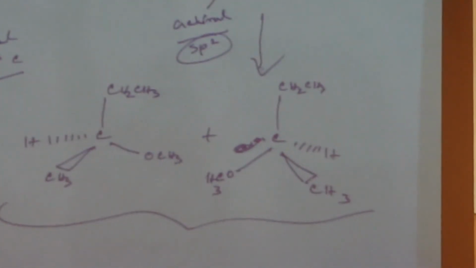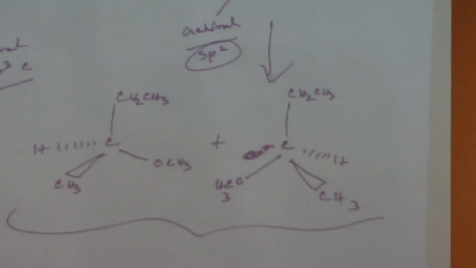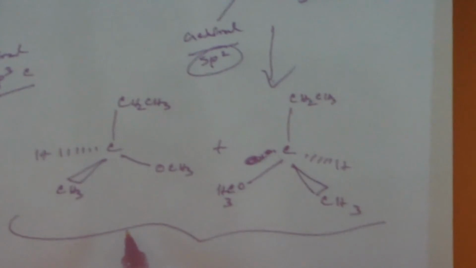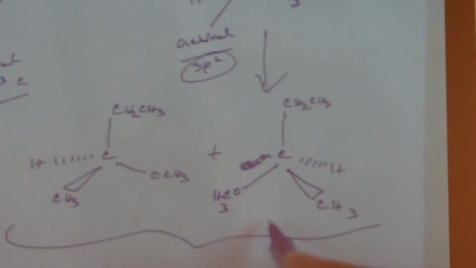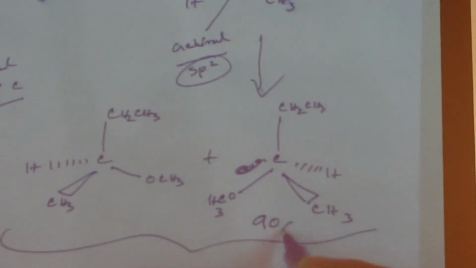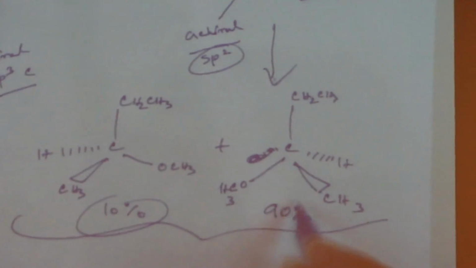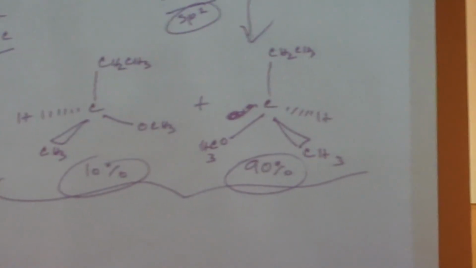That's not what happens. Most of the time in a reaction like that, what we see is a partial racemic product, because we get about 90% of the inverted product and about 10% of this product. These numbers will change depending on the conditions of the reaction. Why?